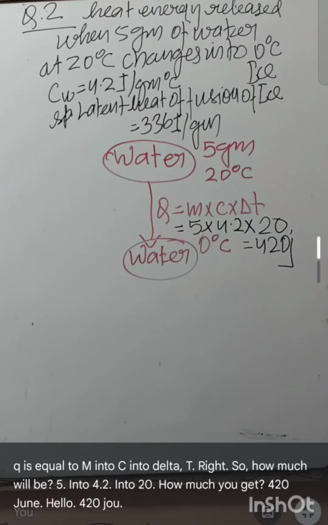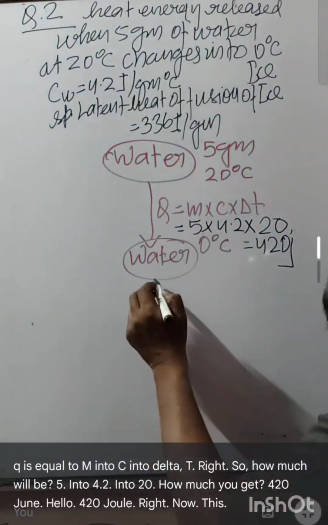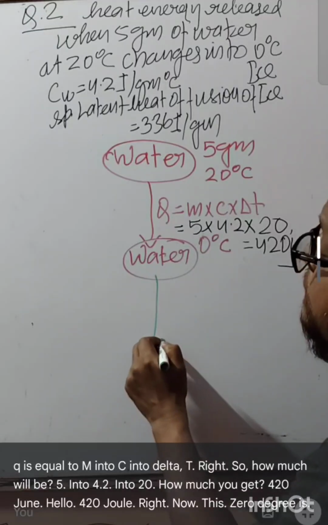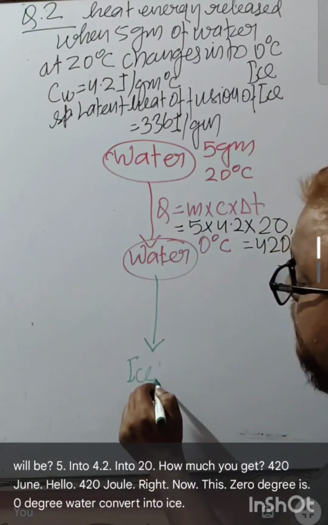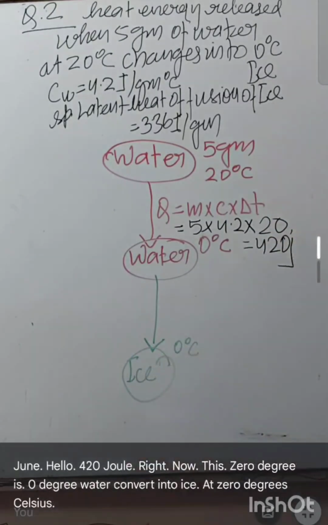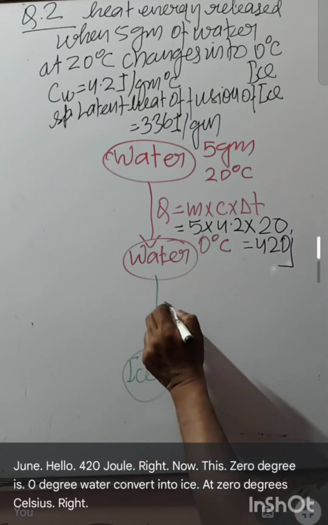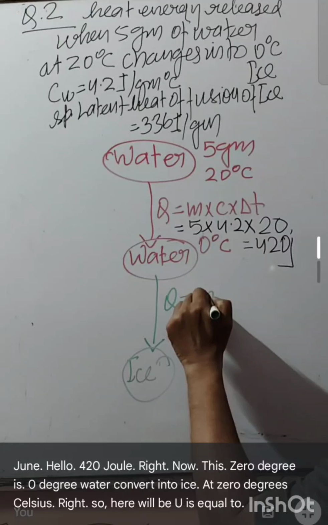420 joule, right? Now this 0 degree water converts into ice at 0 degrees Celsius, right? So here Q is equal to ml.